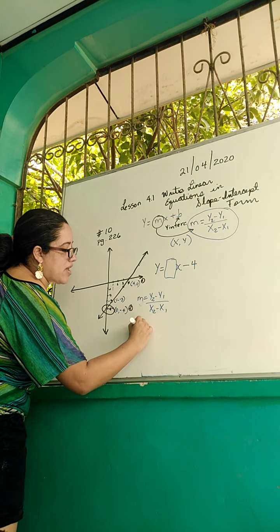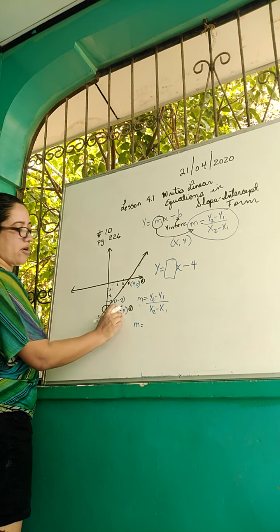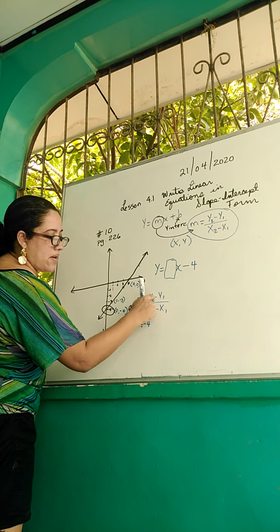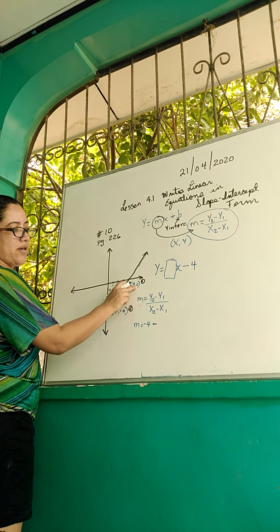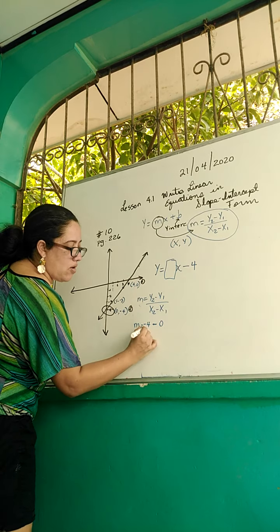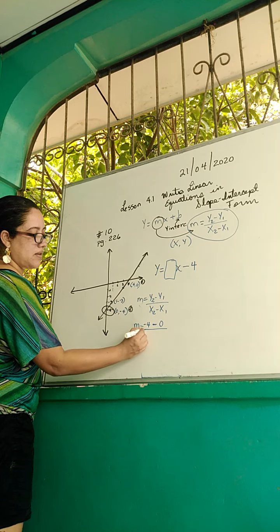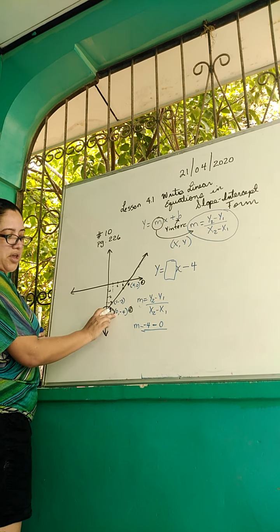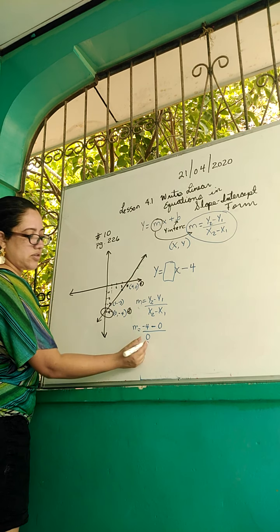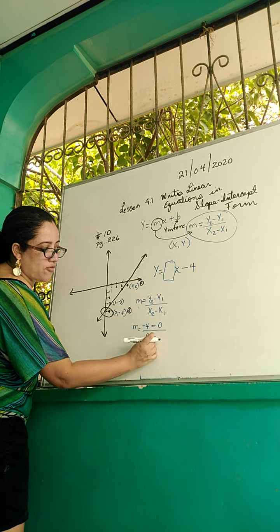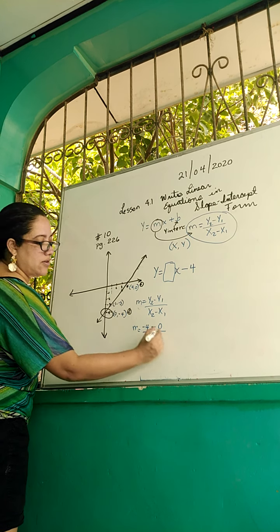So in here we have m equals y2, negative 4, minus, from the formula, y1, which is 0, ¿verdad? Over x2, which is 0, minus, from the formula, 4, right?